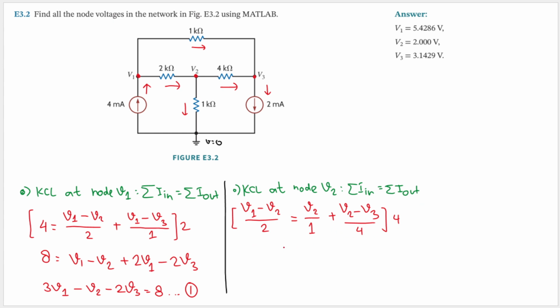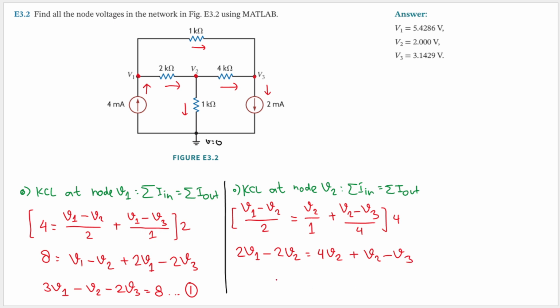2 and 4 will cancel into 2, so we will have 2V1 minus 2V2, and then this will be 4V2, and then we will have V2 minus V3.